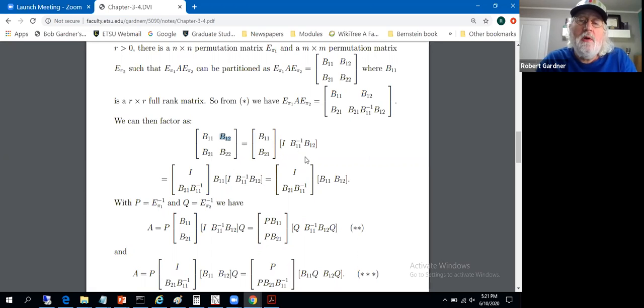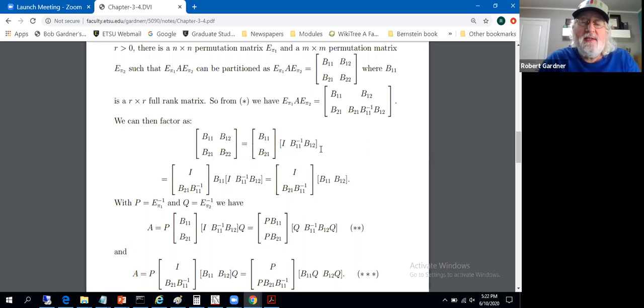Second row, second column, it produces a B21 times B11 inverse times B12. Oh, but that's what we're supposed to have there, as we saw from the asterisk. So we really can write this matrix B, when it's in the appropriate form, in this form.